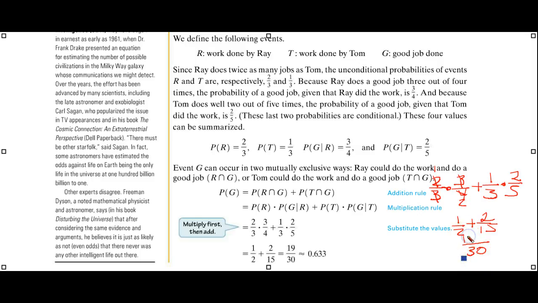So this is 15 here. And 15 times what is 30? So this is a 4 here. So there's where we get our 19/30ths. And in decimal form is this. So that's not too bad. You're probably going to get a good job because that's greater than half.